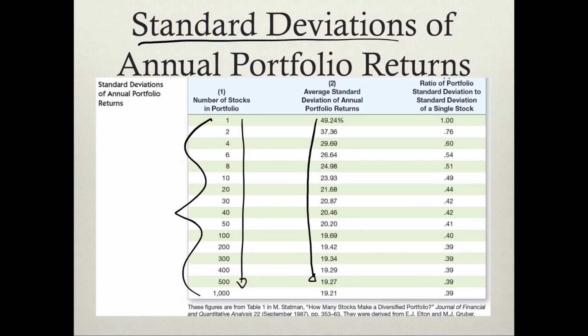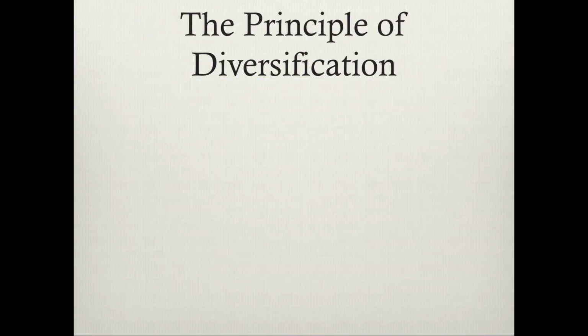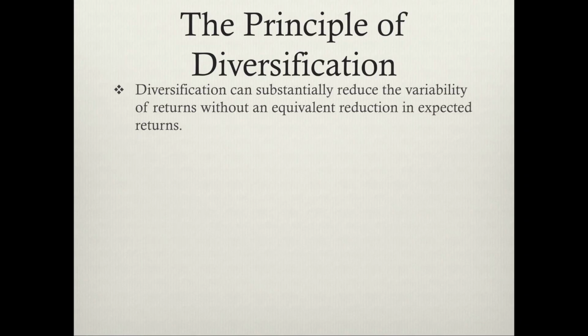So the volatility of our returns decreases as the number of stocks in the portfolio increases. And so it leads us to the principle of diversification. Diversification can substantially reduce the variability of the returns, measured by the standard deviation, without an equivalent reduction in your expected return.